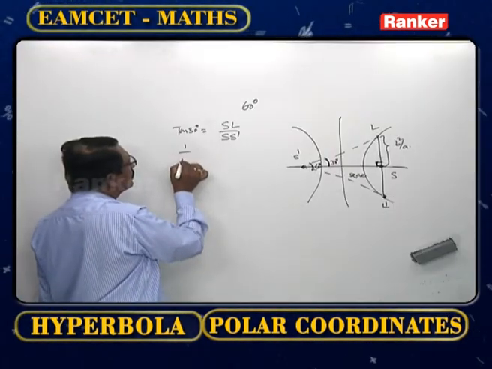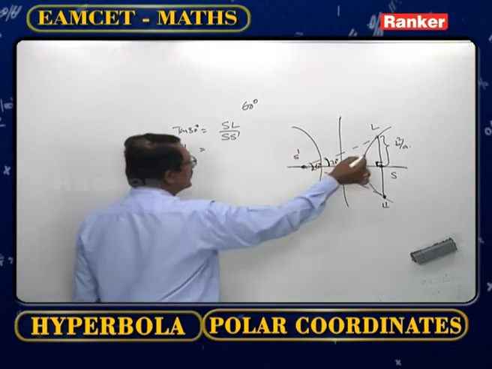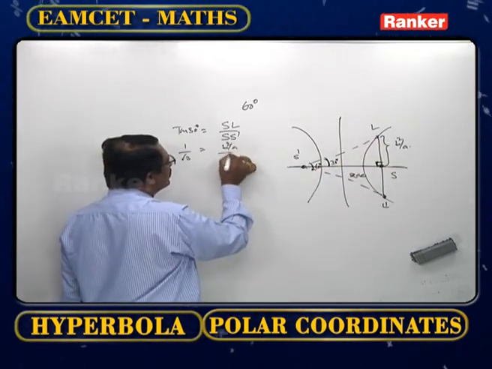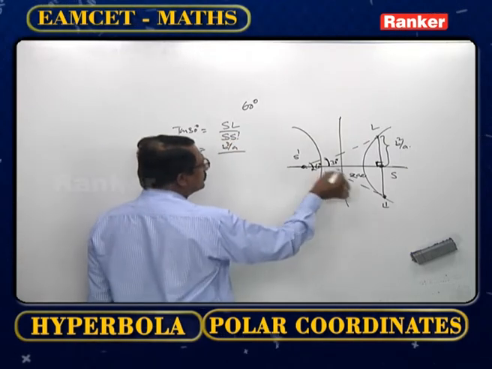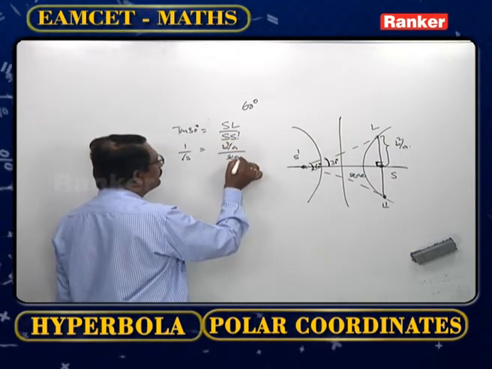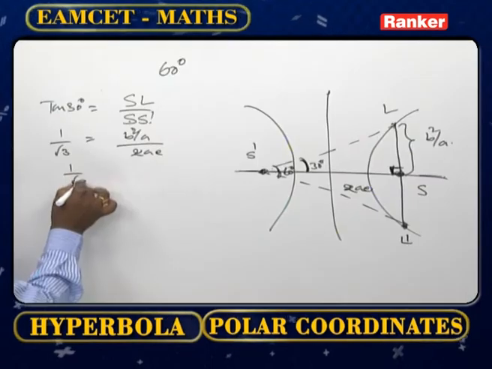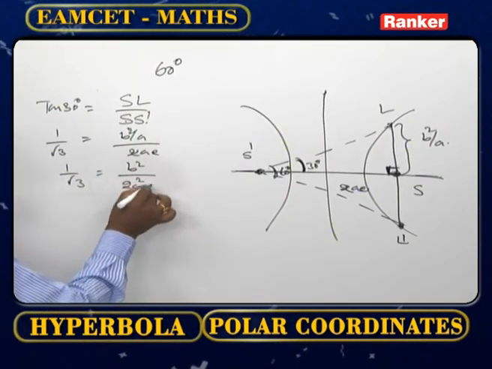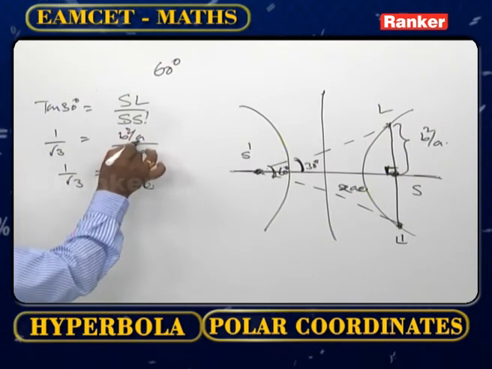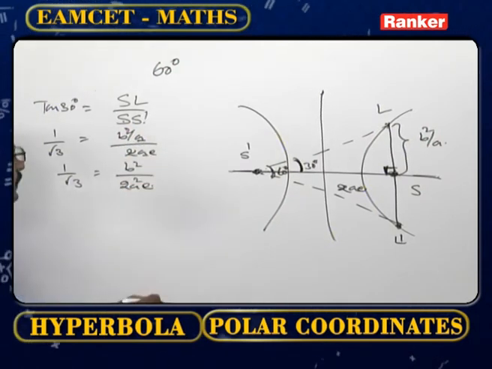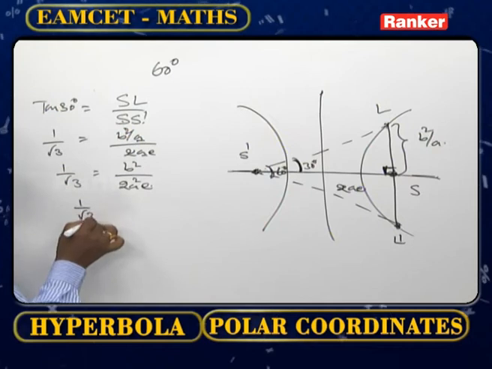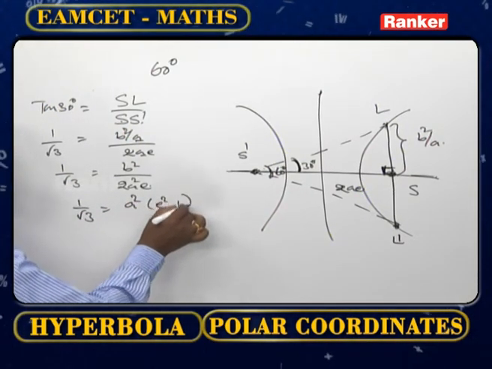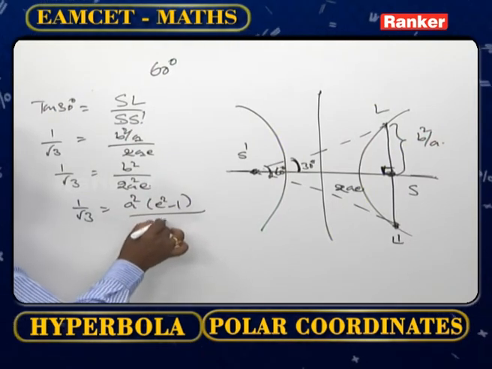Tan 30 value 1 by root 3 equals SL, the length of the semi-latus rectum b square by a, by S S dash equals 2AE. Now, 1 by root 3 equals b square by 2 a square e, 2a into a e. But b square value in a hyperbola is a square into e square minus 1, by 2 a square e.